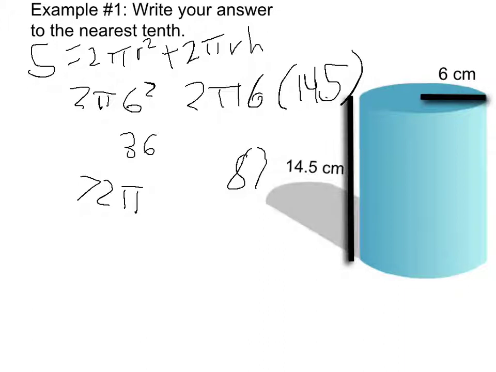Then, you multiply it by 2, and you get 174 pi. You add 174 plus 72, which equals 246 pi.